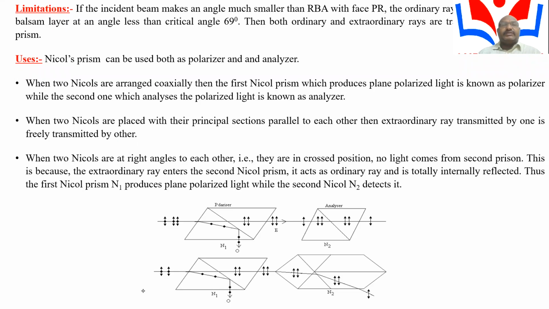Some of the limitations of the Nicol prism: if the incident beam makes an angle much smaller, the ordinary ray will strike the calcite-balsam layer at an angle less than the critical angle of 69 degrees, and both ordinary and extraordinary rays are transmitted through the prism.